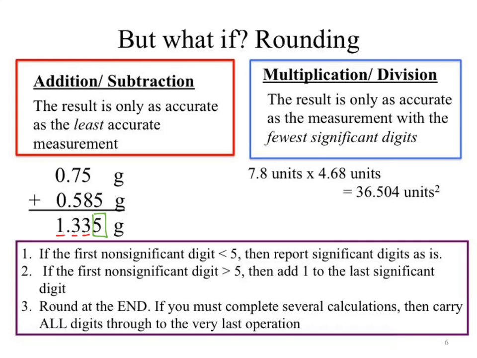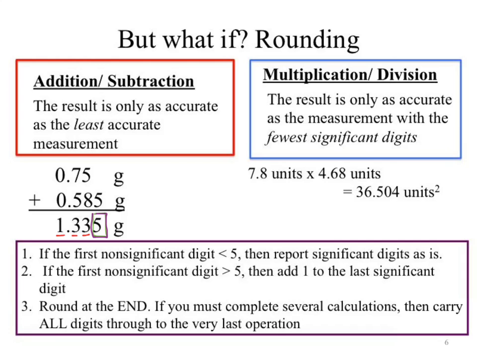If that first number is less than 5, then we just report our significant digits as is. So our answer would be 1.33, which is what we did in the previous case. We didn't have to worry about a rounding issue there. If we move to rule number 2, though.